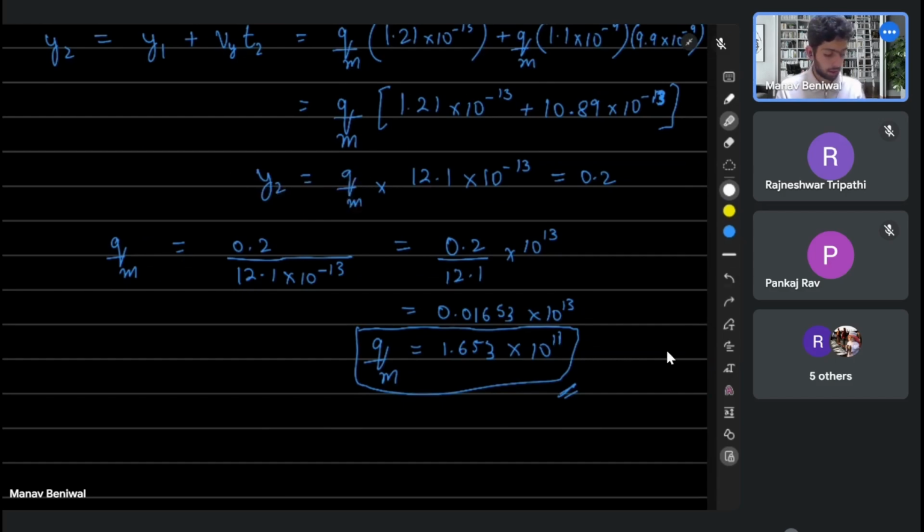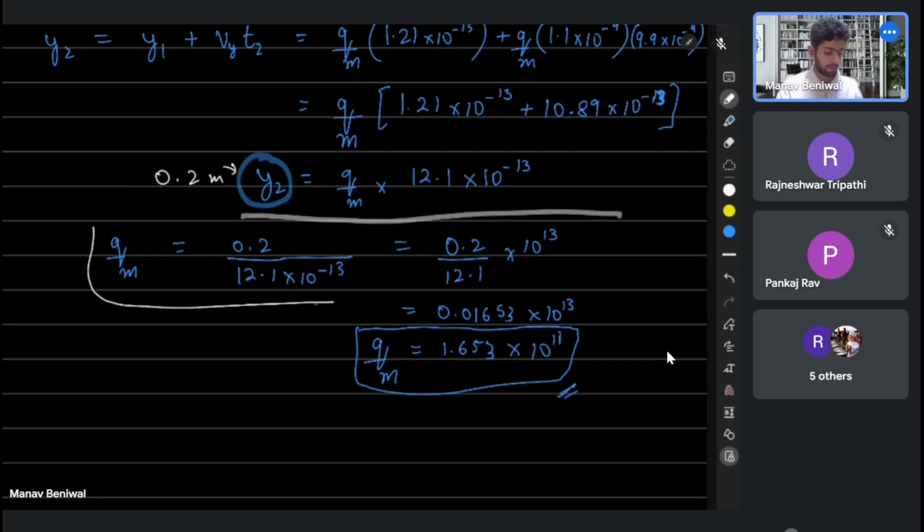Then it is given to us that this value of y2 is 0.2 meters. We can plug in this value of y2 here and solve for q by m, and then we get this value.